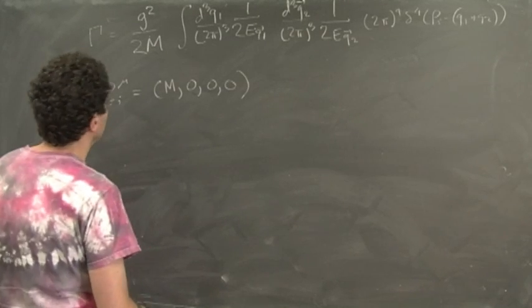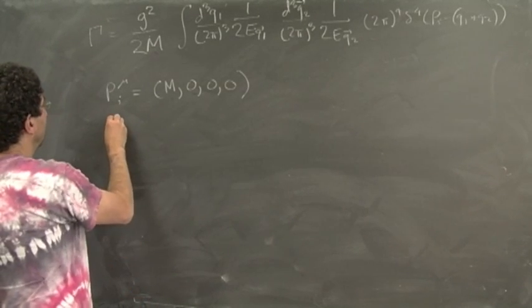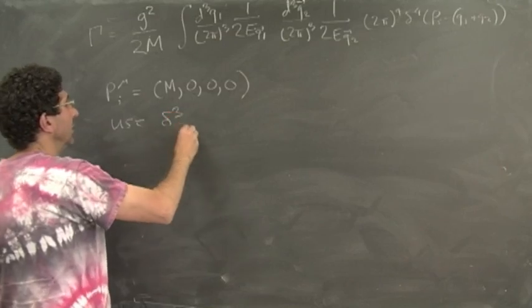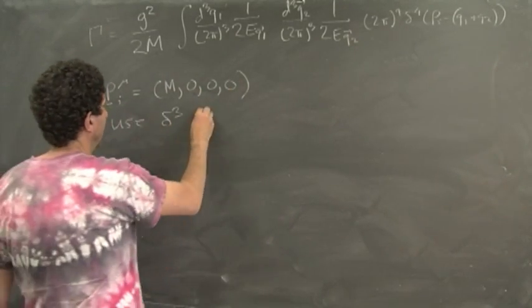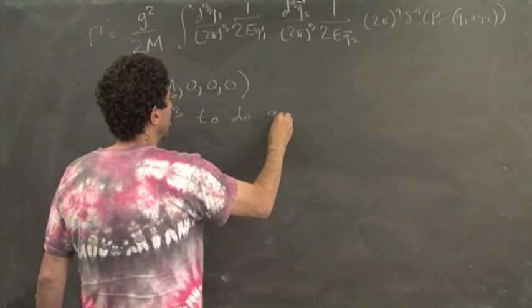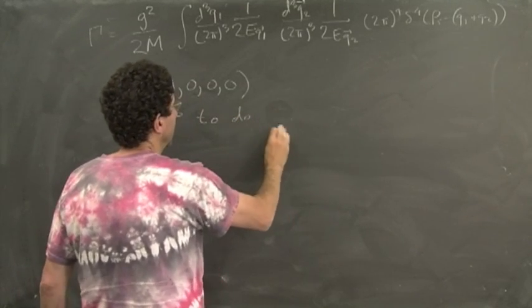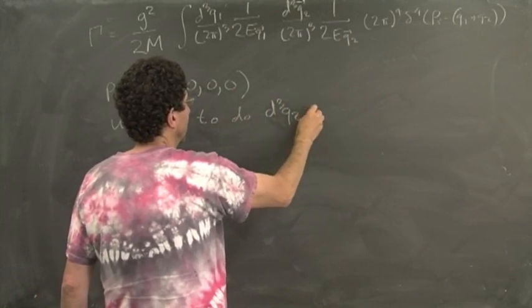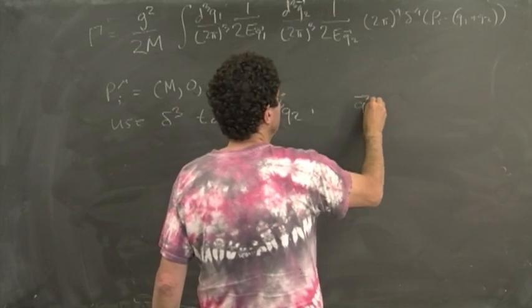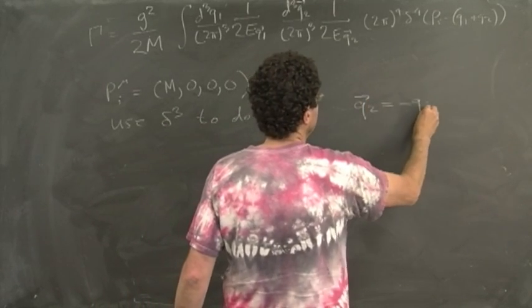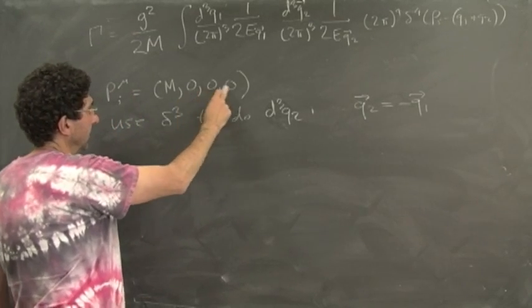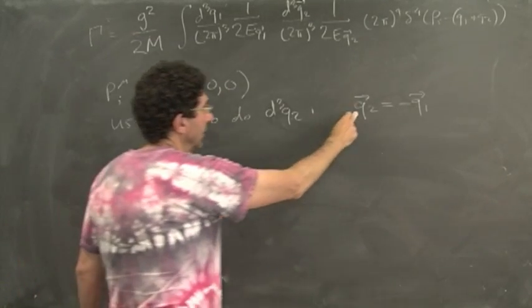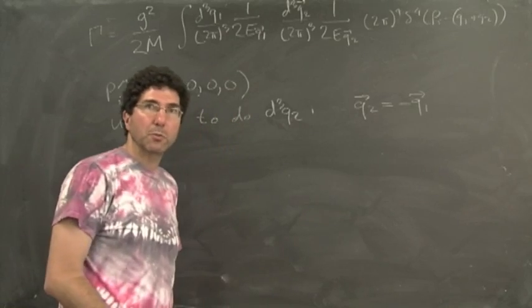Okay, and so we can use the d cubed part of this integral to do the q2 integral, right? So do the d cubed q2 integral, and what does that give me? It just tells me that q2 is equal to minus q1, because in the rest frame there's no 3 momentum. So in the rest frame, vector q2 is just minus q1, okay?